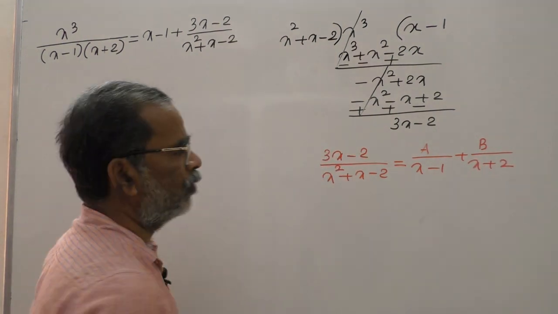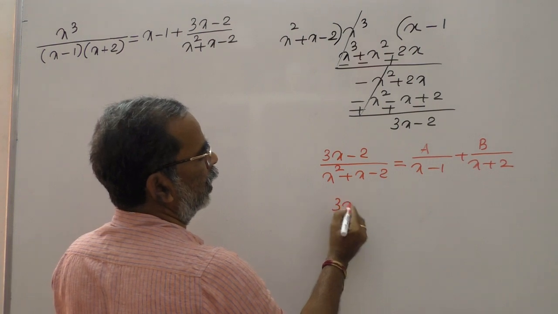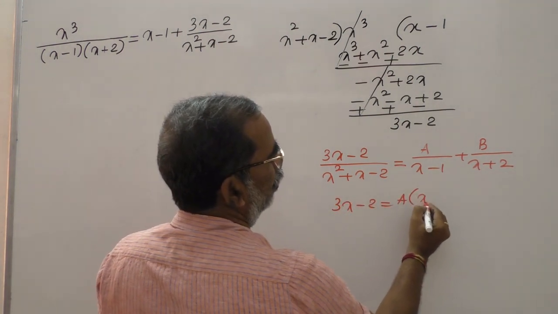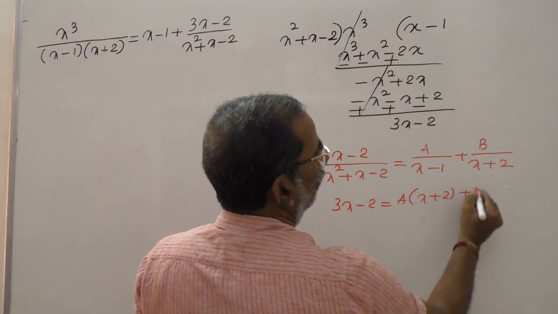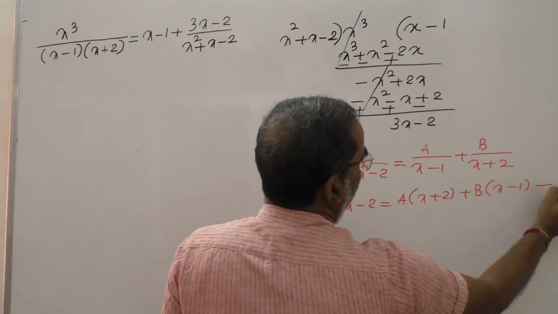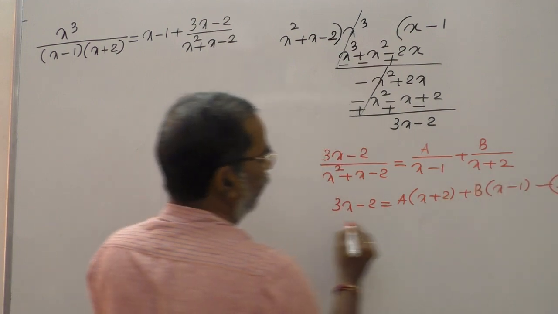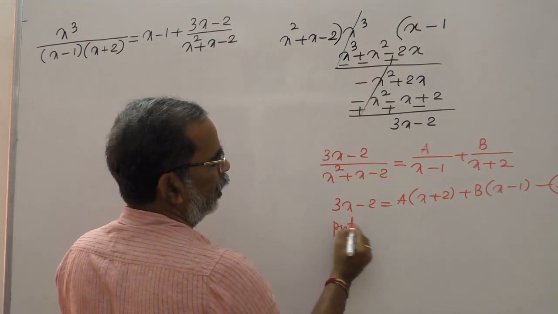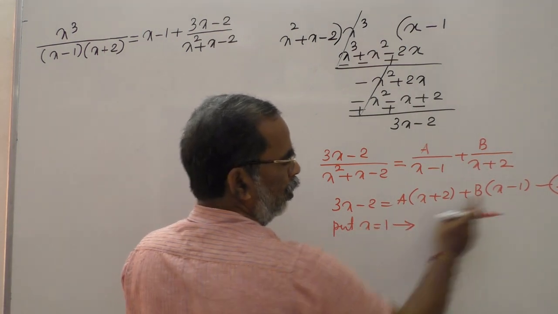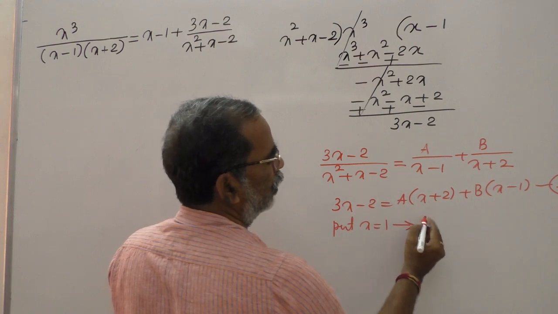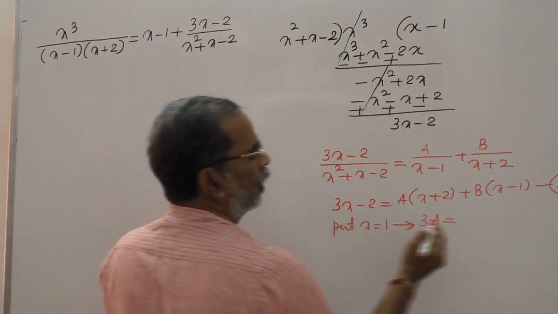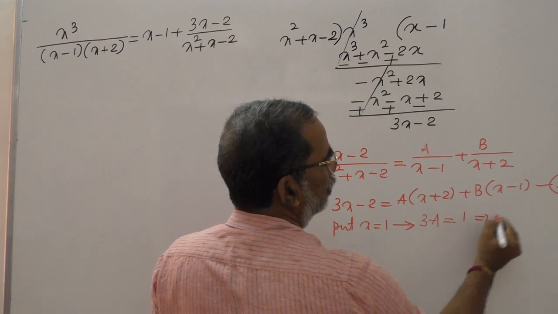Take LCM. I am taking the LCM and directly equating numerators: A into x plus 2 plus B into x minus 1. This is equation 1. Find the A, B values. By putting x equal to 1, this term will be 0. If I put x equal to 1, we get 3A, and on the other side 3 minus 2 is 1.